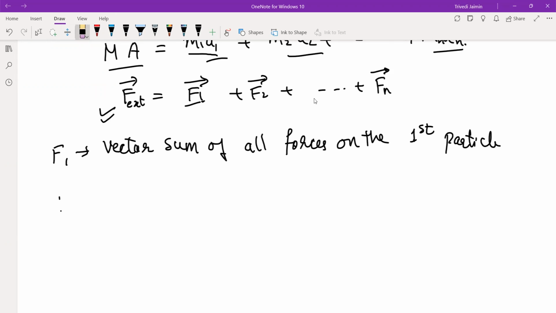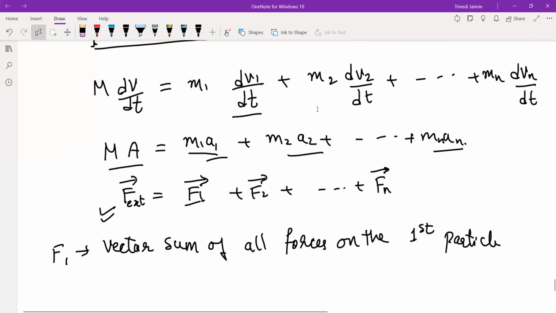So F1 is the vector sum of all the forces on the first particle. Clear? Clear for everyone? Or do you want me to repeat again? Sainitya, clear? If you cannot speak, if you have a doubt, you can raise your hand.